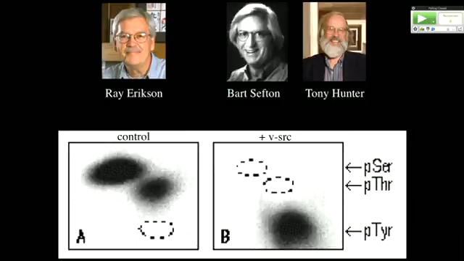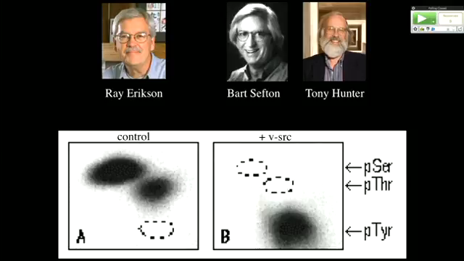The first clue to the functionality, really the first demonstration of a functionality for the viral Src protein, came from Ray Erickson's lab, in which he purified the protein that was synthesized off of the viral Src gene, off the virus.